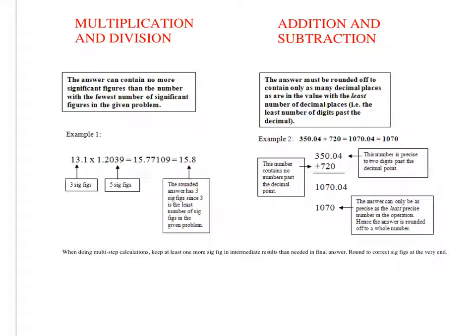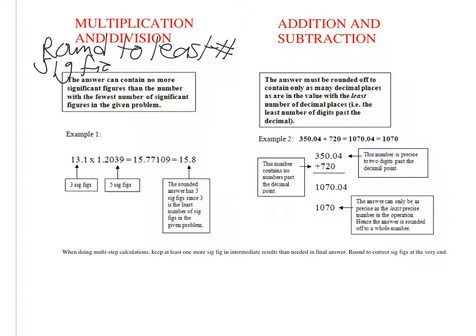I'm going to say that our rules are to round to the least number of sig figs in your given problem. Ooh, that's sloppy. Okay, so round to the least number of sig figs in your given problem. Those are the rules that you're going to follow.